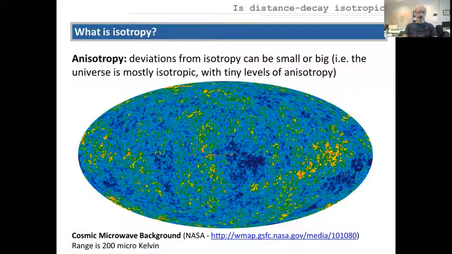And thanks to these levels of anisotropy, we are here. We can be doing this celebration. But what I want to say here is just that anisotropy is a relative term. The degree of anisotropy can be a tiny bit or a lot.